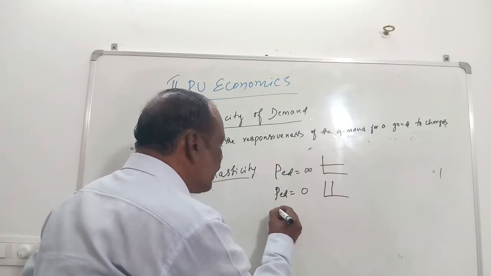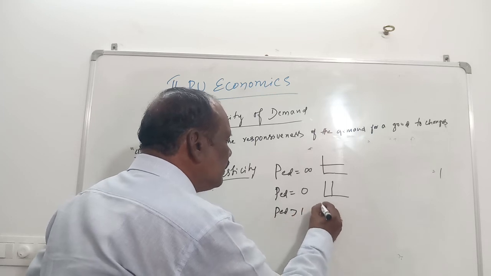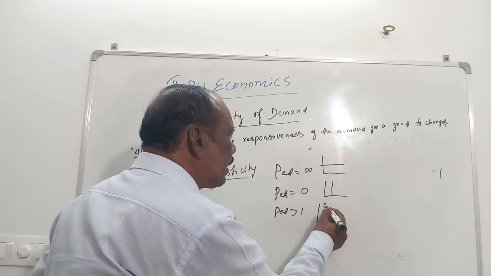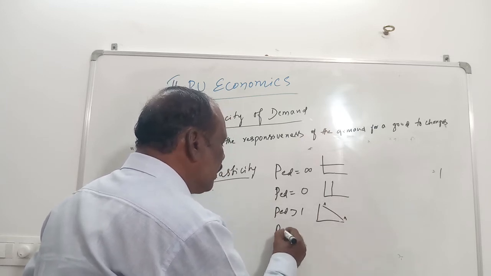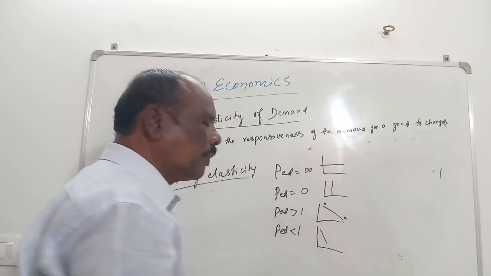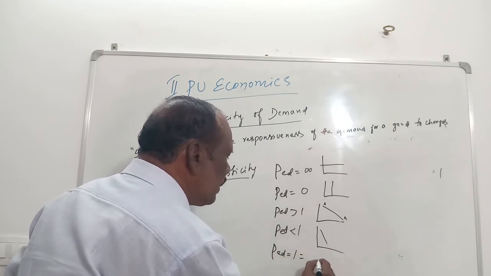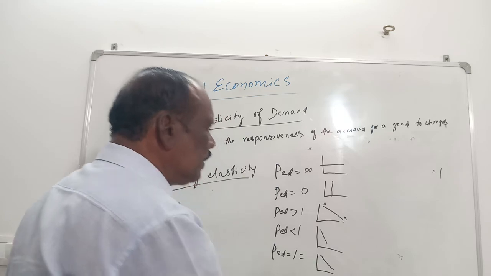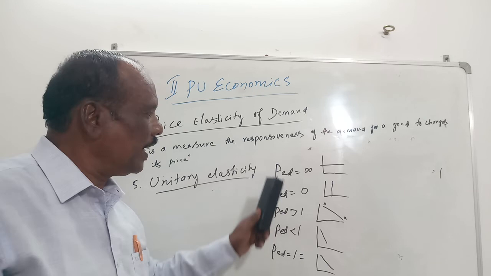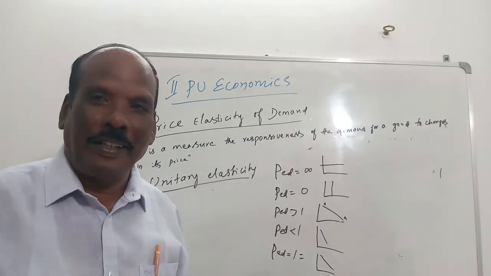Number 3, PED is greater than 1, where demand curve is flattened. Number 4, PED is lesser than 1, where demand curve is steeper. Number 5, PED is equal to 1. So you should keep these diagrams in your mind while explaining the 5 types of elasticity of demand.